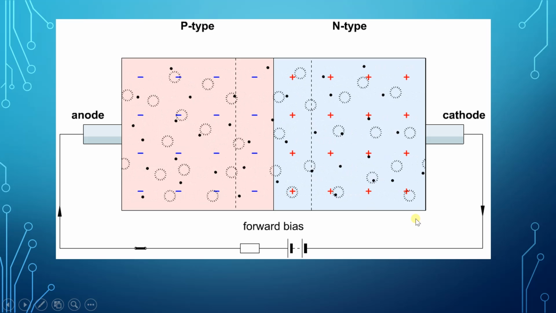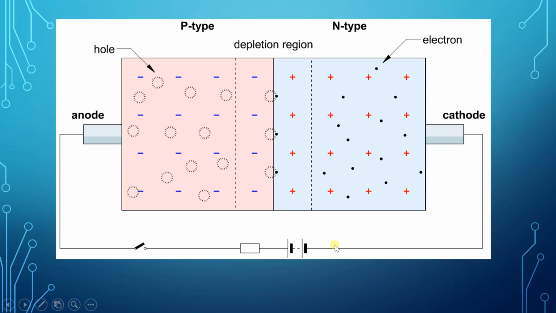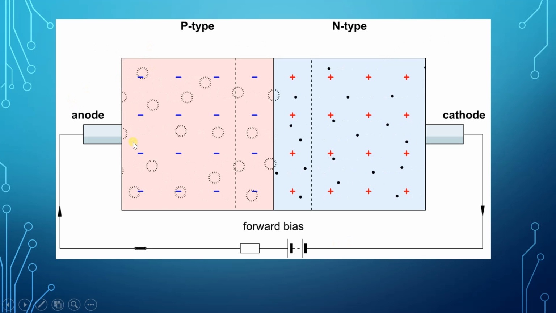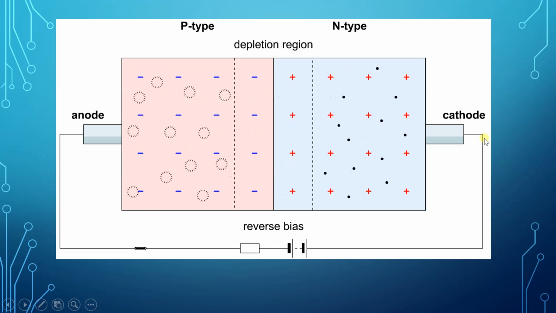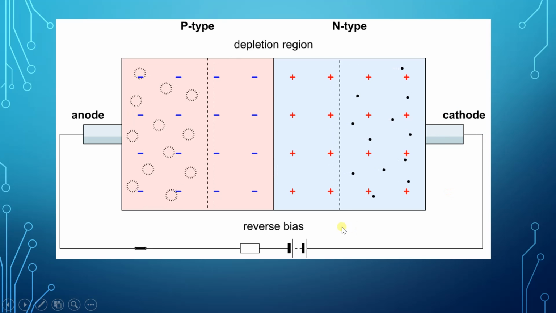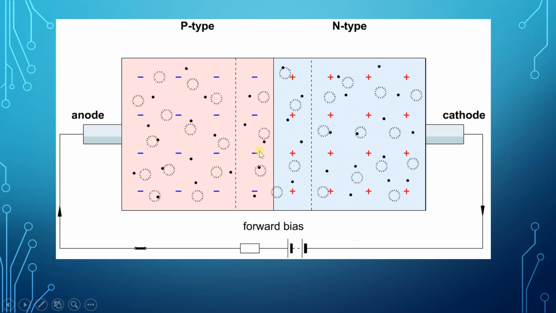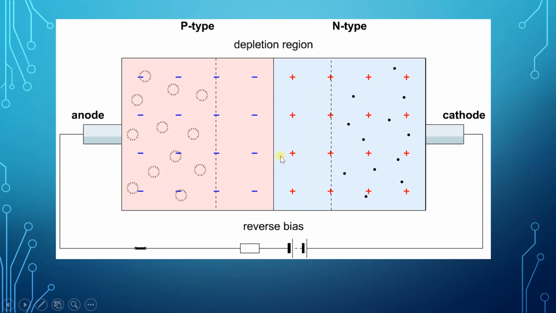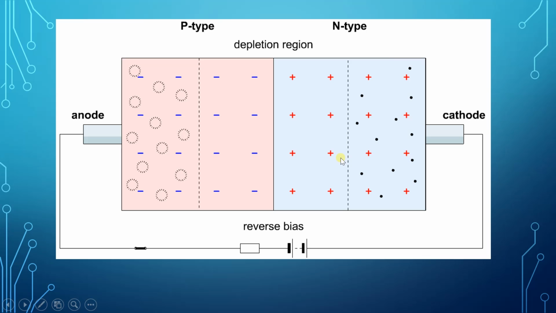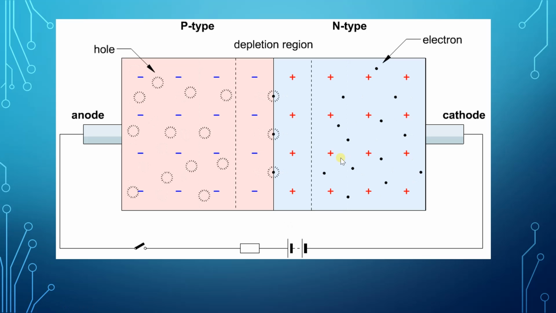But in the reverse biasing, this P is connecting to the negative and this N is connecting to positive. This is reverse biasing diagram and this is forward biasing, and this shows the movement of electrons and holes in the P and N type material.